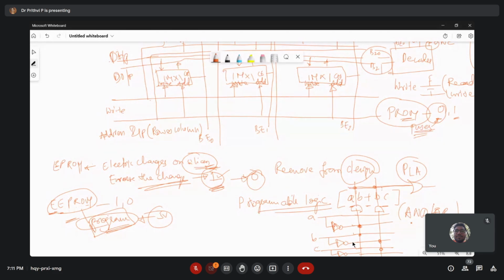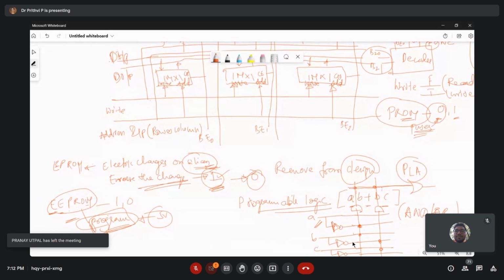Now, the more the inputs, the bigger size of the array you will be getting. Now, this has to be taking much huge area if you are going on increasing or adding the number of inputs. Okay, that means you are increasing the product terms and you are increasing the OR terms also if the number of inputs are increased.